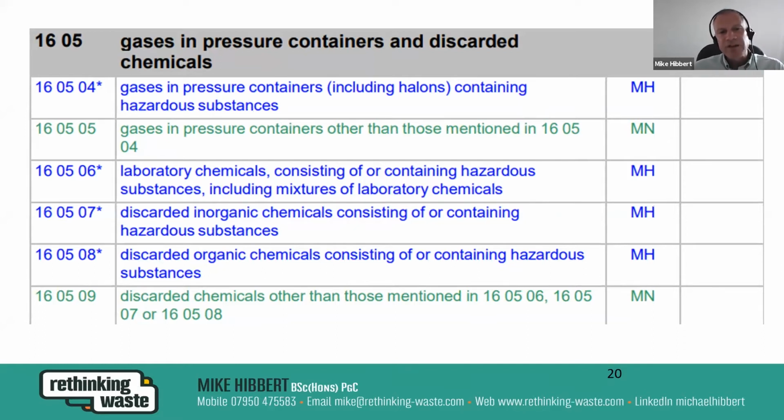In some of the entries in the European Waste Catalogue, rather than saying hazardous substances, it specifies a particular contaminant within the waste stream. So it might say, for instance, containing asbestos or mercury. So you need to have a look and see specifically what you're looking for.